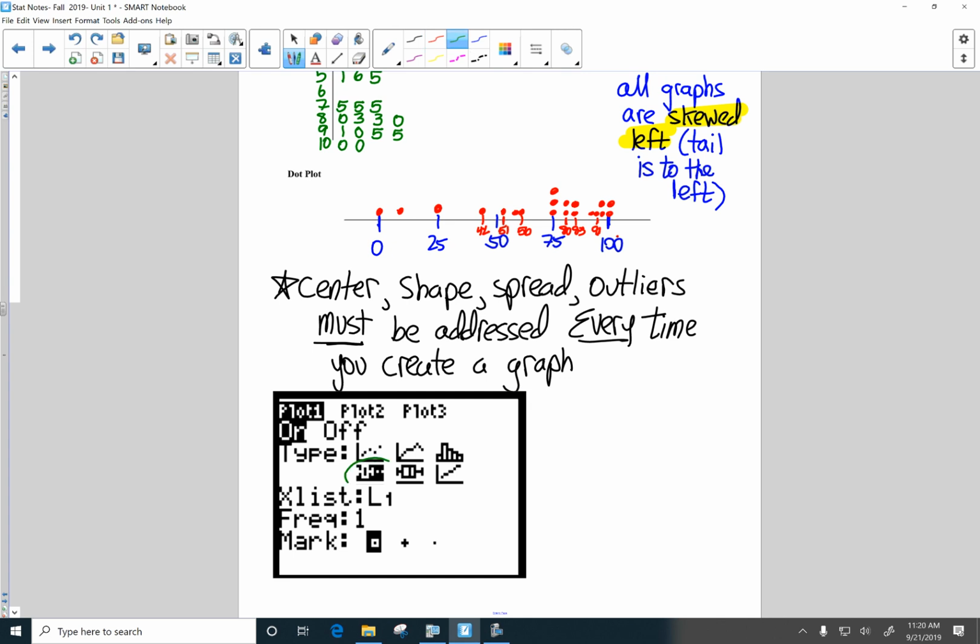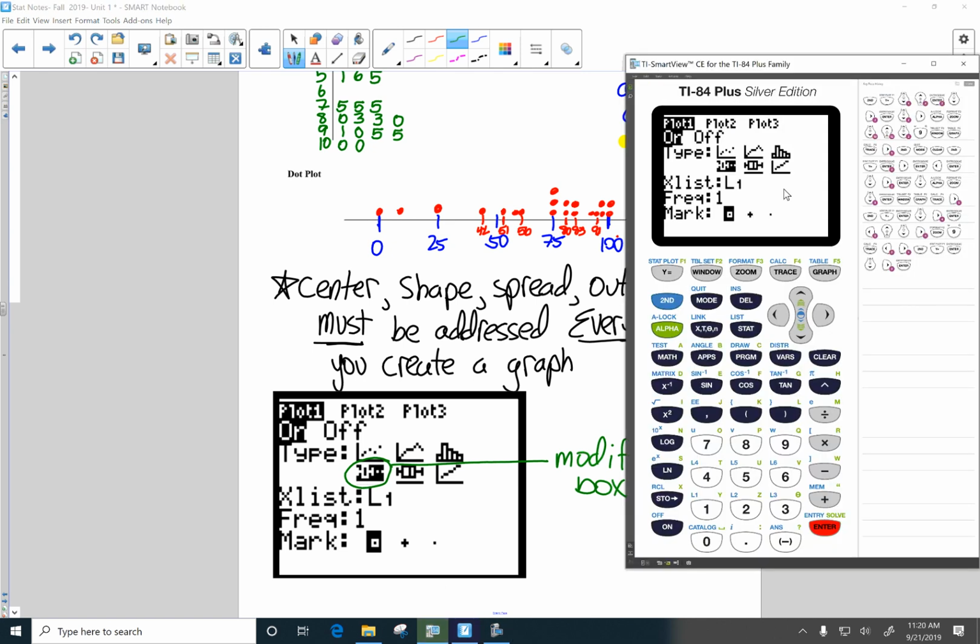All right, so modify. All right, so once you select this one, box plot, modified. The one we're working with now is the modified box plot. So once you select that option, hit enter on it, and then just a quick zoom 9.